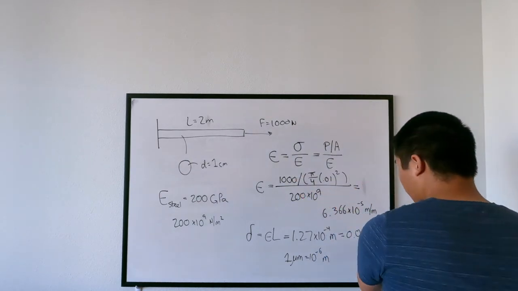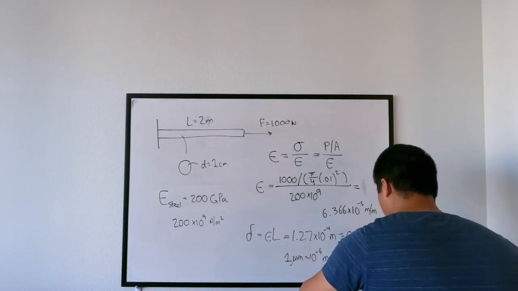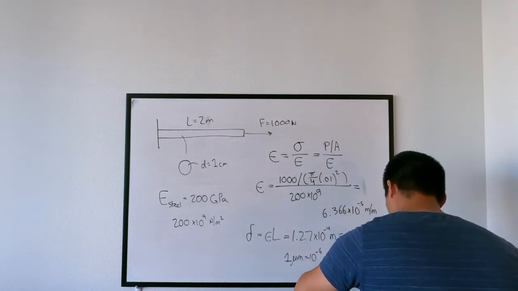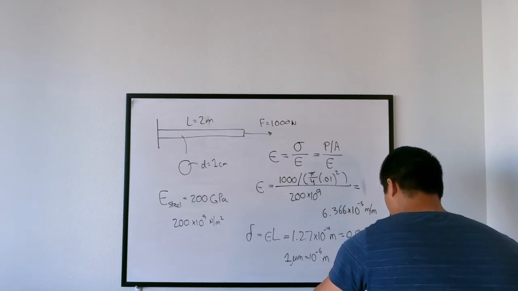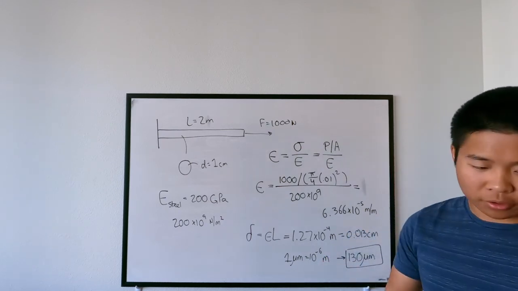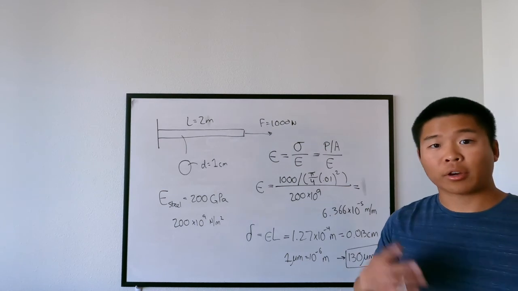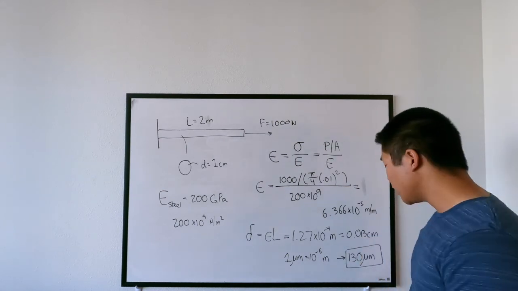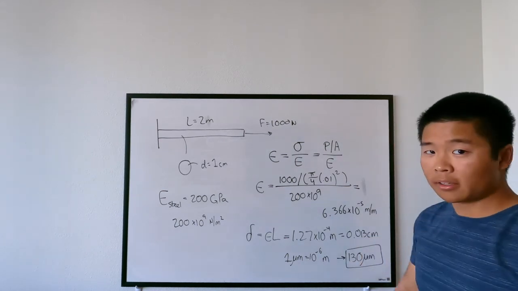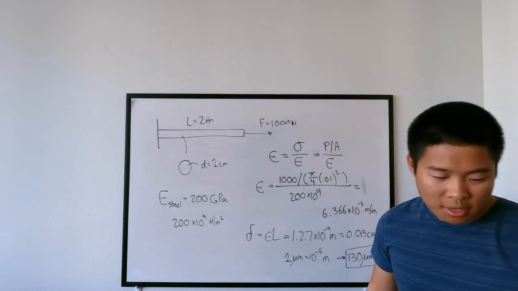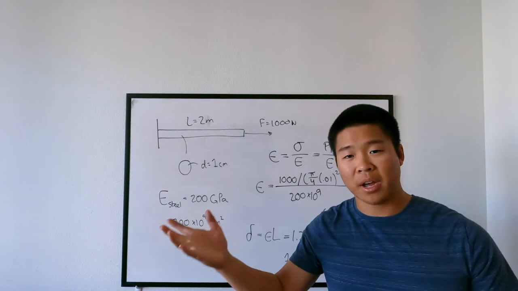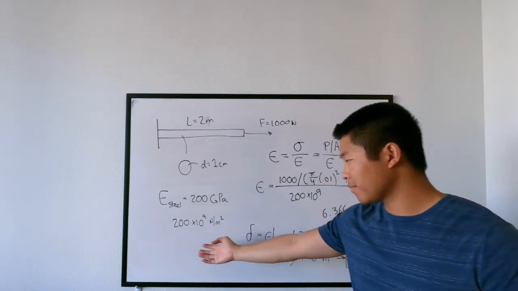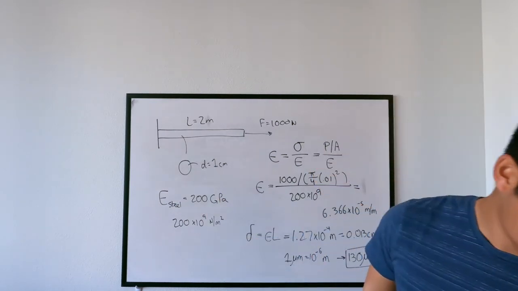If we were to rewrite this in microns, it would be 130 microns. If you're talking to someone who does a lot of microphysics, micromechanics, or microfluids, they would know exactly how big 130 microns is, but to us normal folks, that's not something we're able to imagine. Sort of like 200 times 10 to the 9.